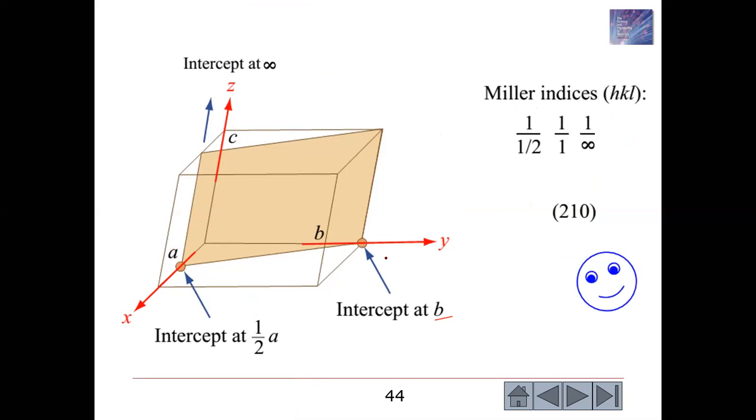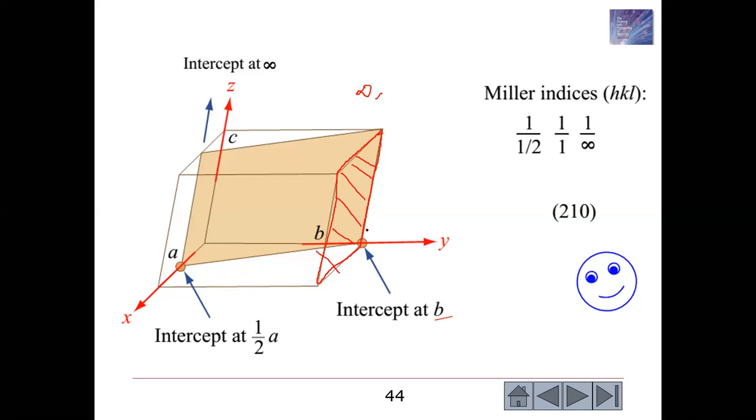Okay, so now let's say we want to take this plane, this face of the cube, this one. Clear? This is parallel to the x-axis, so this will be infinity.